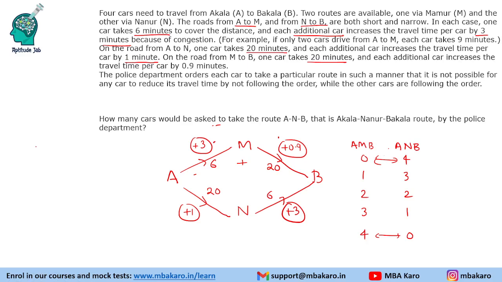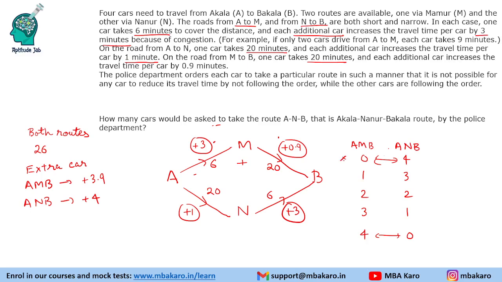Now AMB and ANB each take 26 minutes, both routes take 26 minutes. Now for each extra car in ANB, the time increases by 3.9 minutes and in AMB, the time increases by 4 minutes. So if a route has no car, it is 0 time.